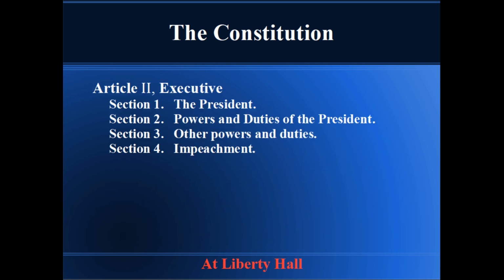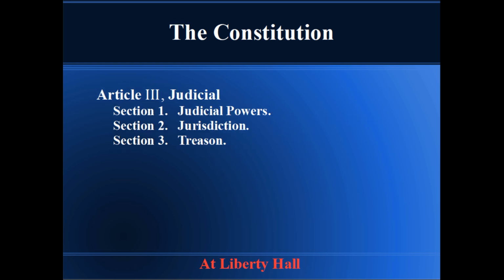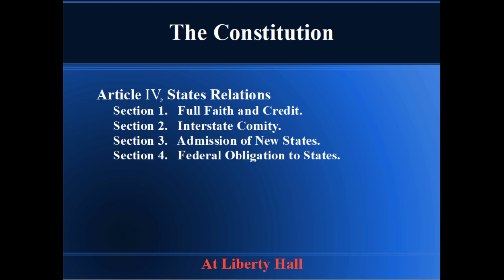Article 2, executive. Section 1, the President. Section 2, powers and duties of the President. Section 3, other powers and duties. Section 4, impeachment. Article 3, judicial. Section 1, judicial powers. Section 2, jurisdiction. Section 3, treason. Article 4, states' relations.